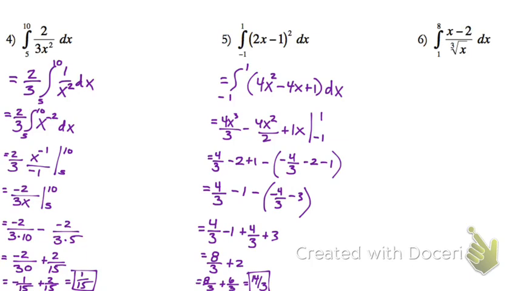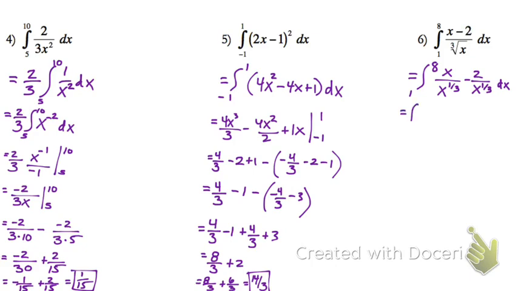All right, with number 6, I want to rewrite this one again. So I have the integral from 1 to 8, and then I'm going to break this apart into two separate fractions. x over x to the 1/3 minus 2 over x to the 1/3 dx.